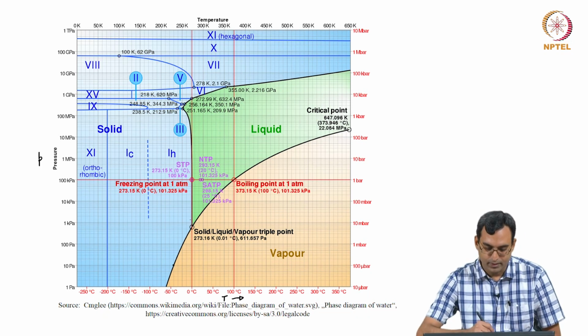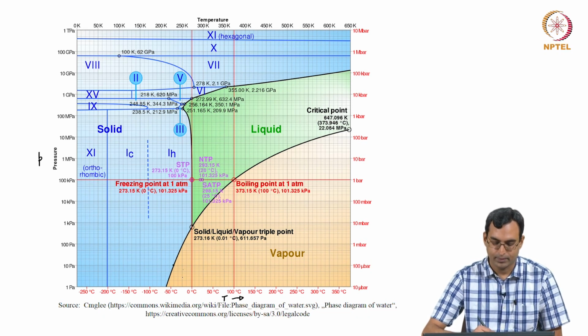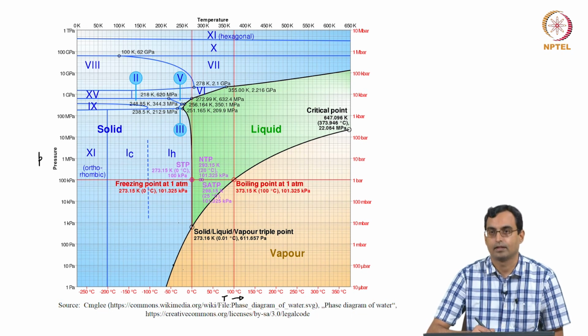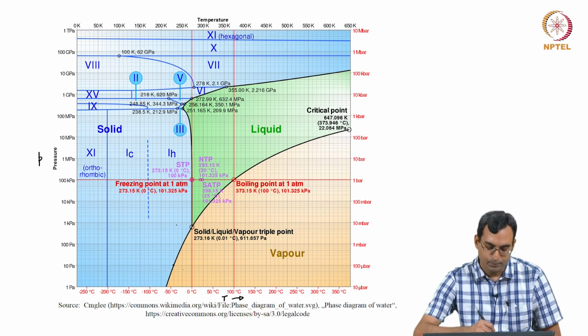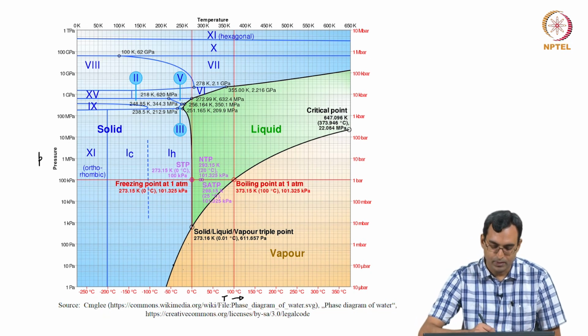What is also interesting is to take, for example, some point here. If I was to take some point here and increase the pressure, what I see is over here it is vapor. As I increase the pressure, it becomes ice, it becomes solid. But because this line is sort of tilted like this, there would be a small region.